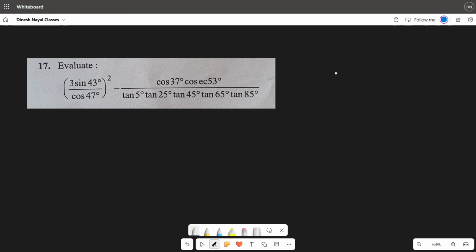So this question is from All India CBSE, the year 2019, section C, 3 marker. Now we have to evaluate this.